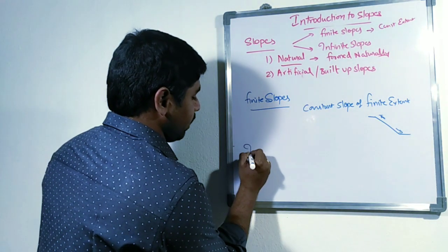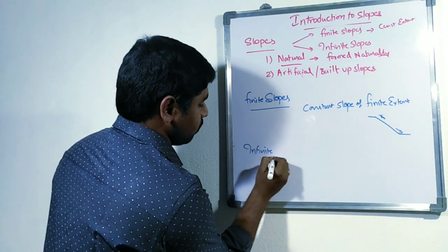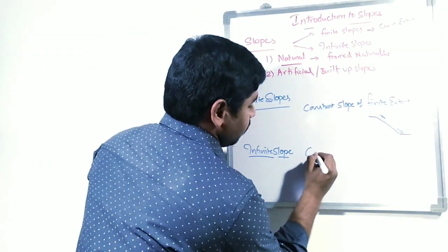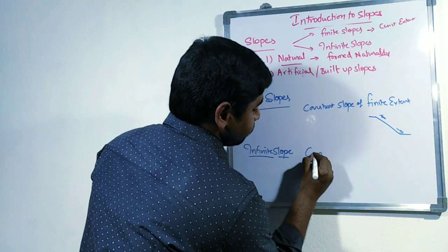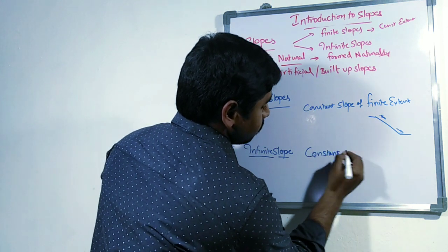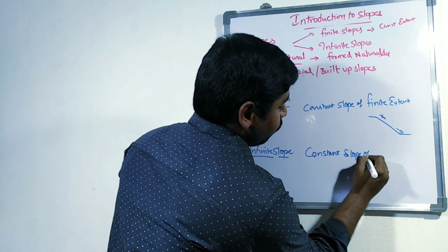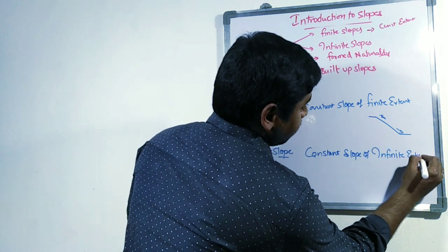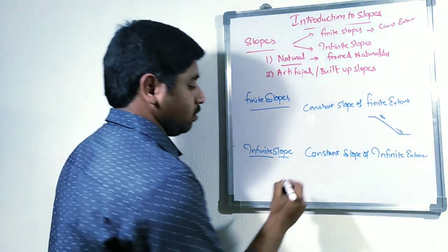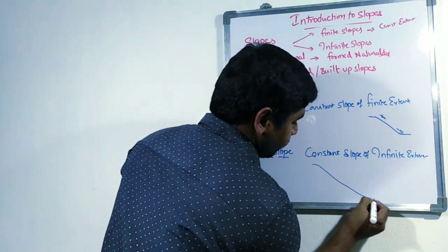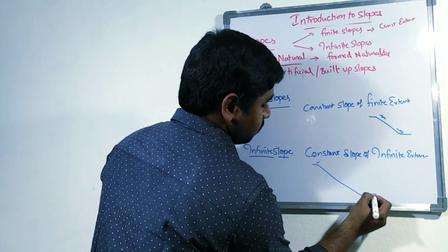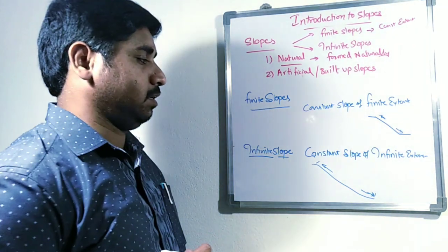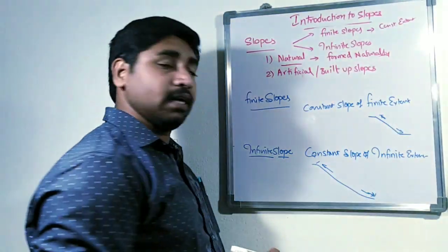Then coming to the infinite slope. It is also a constant slope, of infinite extent. If the length of the slope is very large, extending for a longer length, then it is referred to as an infinite slope.